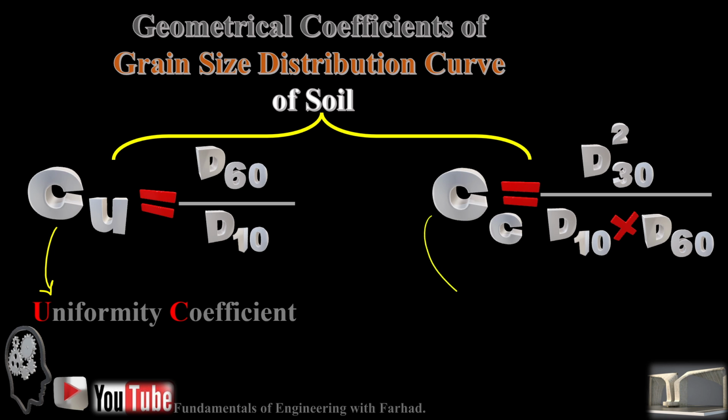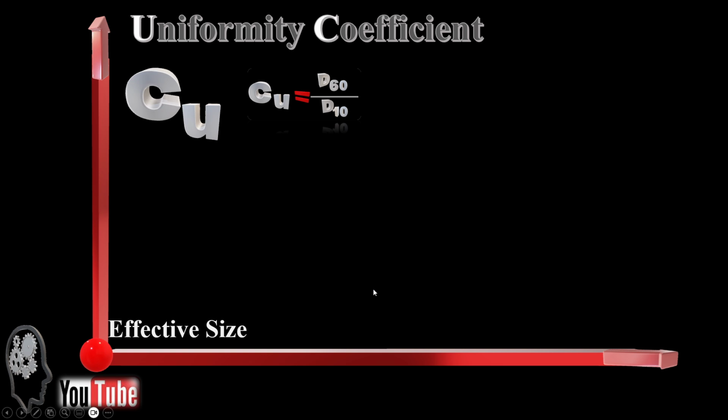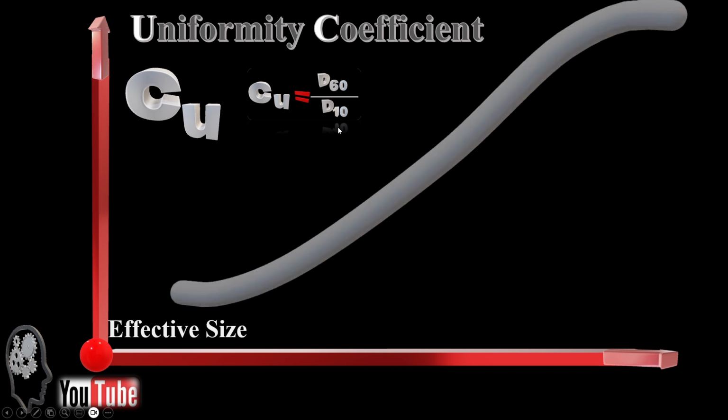C sub c stands for the coefficient of curvature, and the formula for that is D30 squared over D10 times D60. We'll talk about them in a bit. Let's jump to the first coefficient, which is Cu. Cu is D60 over D10, and that stands for the uniformity coefficient in the soil sample.